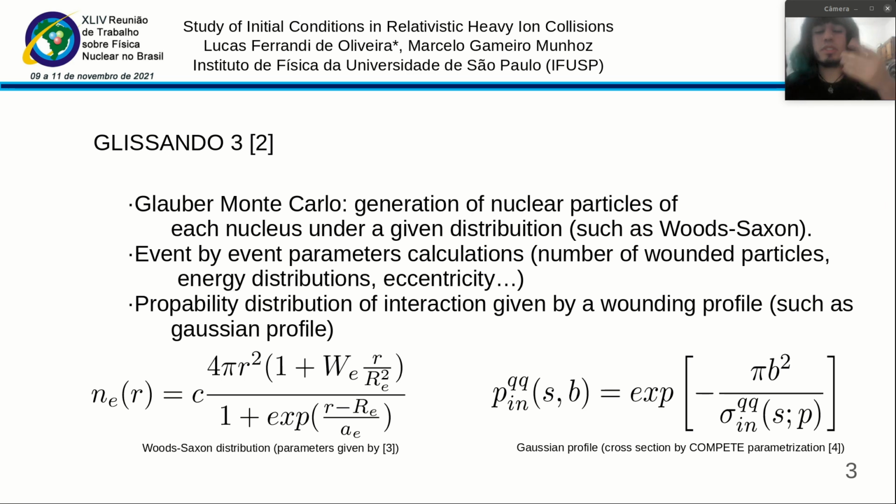I chose the Woods-Saxon distribution, as you can see here on the left, and I chose the wounding profile as a Gaussian function to tell us how the nucleons will interact.